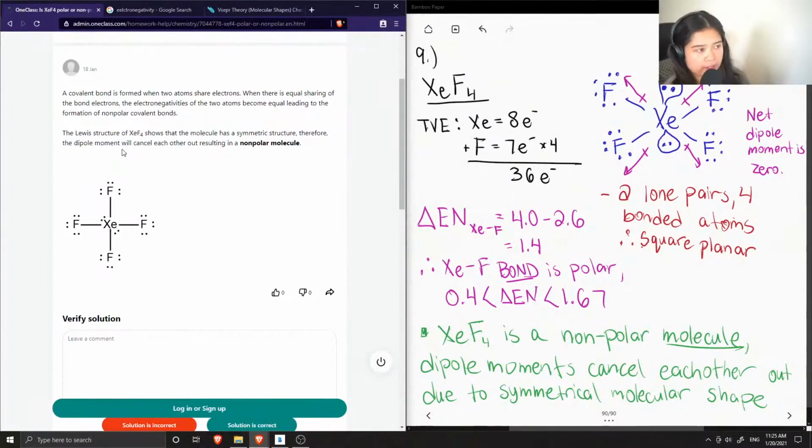Okay, so they talked about nonpolar covalent bonds, but xenon and fluorine is a polar bond, so I'm not sure why they mentioned it. But the answer is still correct. And then I'll just specify why.